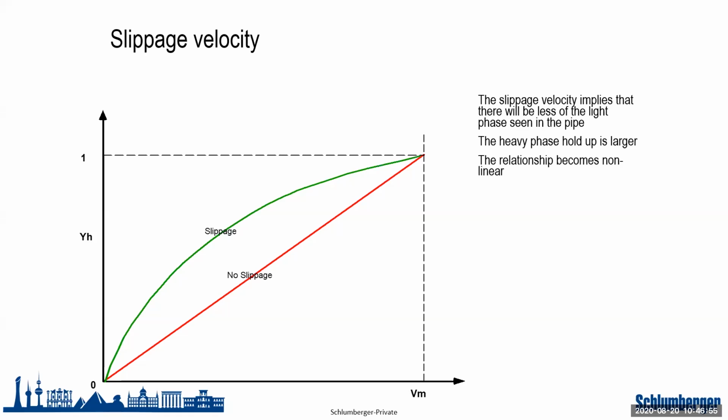So for example, if the oil is moving at a higher velocity than the water in a pipe, which phase is expected to occupy a higher percentage of this pipe? In this case, it is going to be the water, as the oil is flowing at a higher velocity.